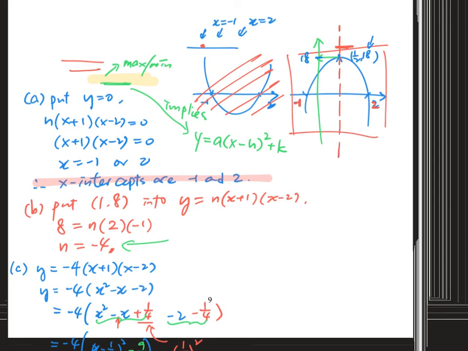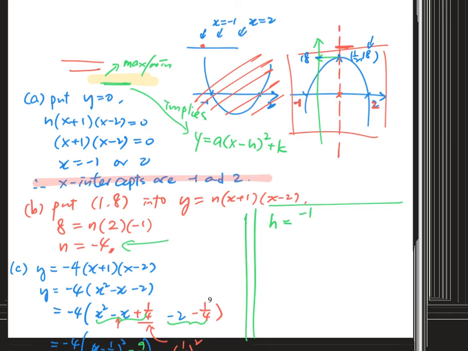So this point should be the midpoint of minus 1 and 2. That's the little trick, not really little, but a very big trick which helps us to find h in another way. We can just directly say h is equal to the midpoint of minus 1 and 2.